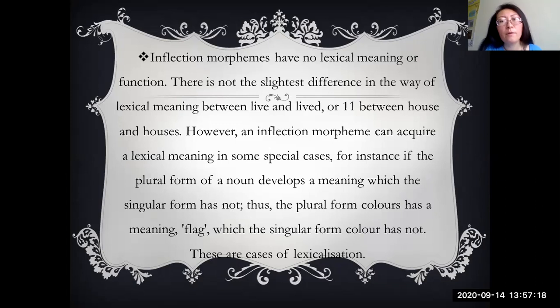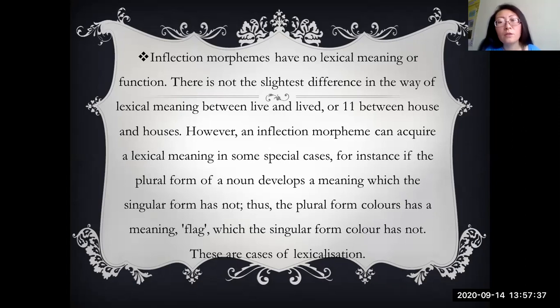Inflection morphemes have no lexical meaning or function. There is not the slightest difference in the way of lexical meaning between live and lived, or between house and houses.